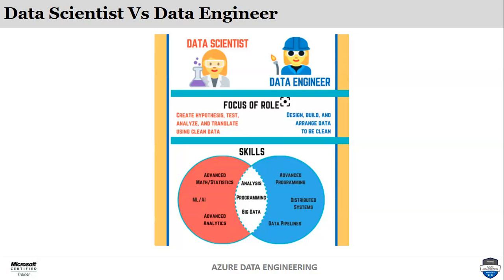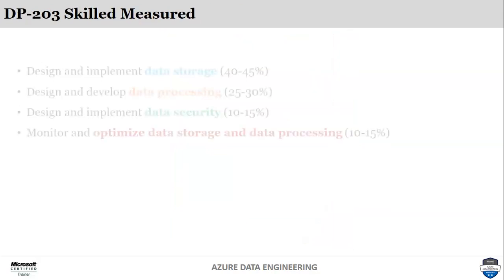The data engineer designs, builds and arranges the data to be clean. So the data scientist, using the clean data, creates hypotheses and models. The clean data will be provided by the data engineer. That is the reason data engineering is the backbone for data science projects. So this is the difference between these two roles.